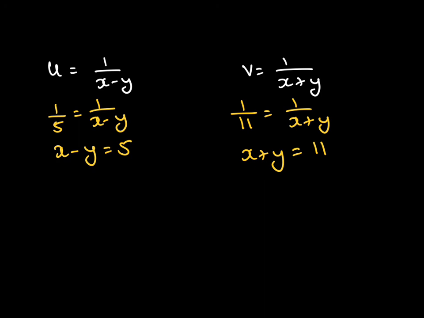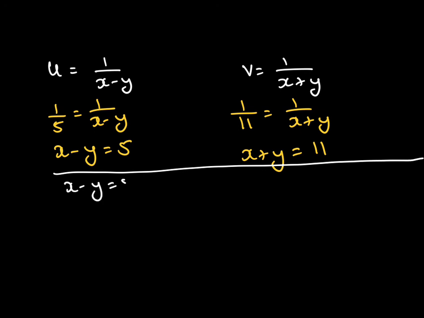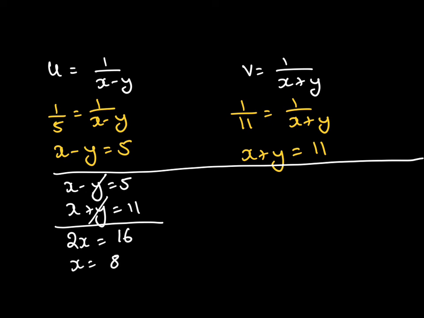So now we have these two equations. x minus y equal to 5, x plus y equal to 11. We can easily solve them by the method of elimination. Minus y and plus y cancel. 2x is equal to 16, x is equal to 8.